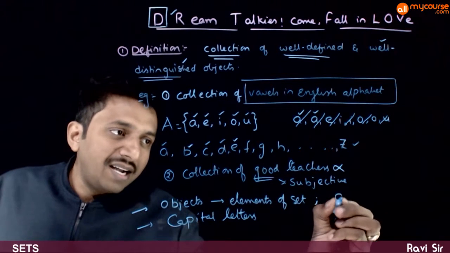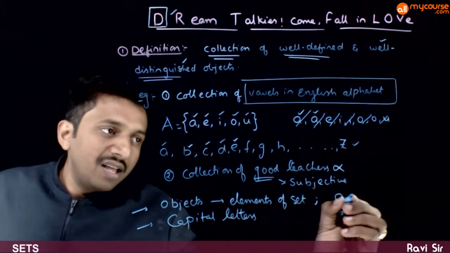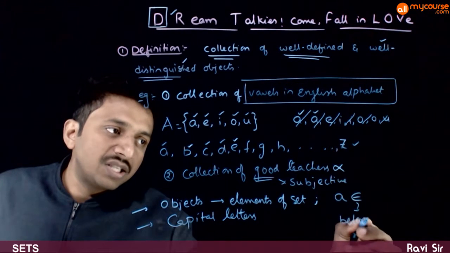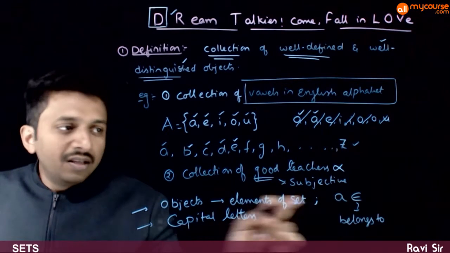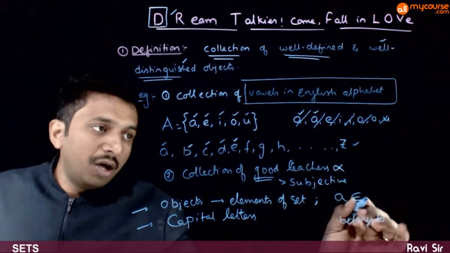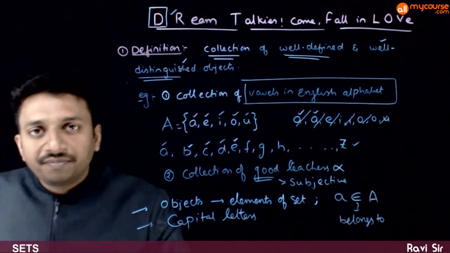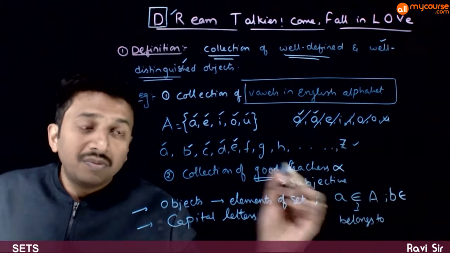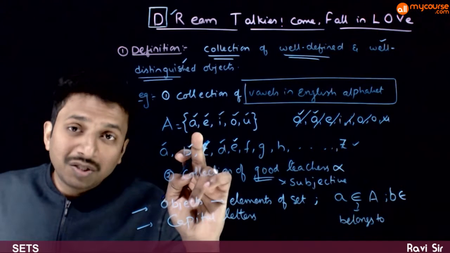That is, I write the element a belongs to. This is a new symbol for you. It stands for belongs to. So the element a belongs to the set capital A. And does element b belong to set A?